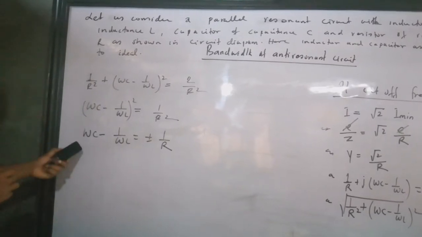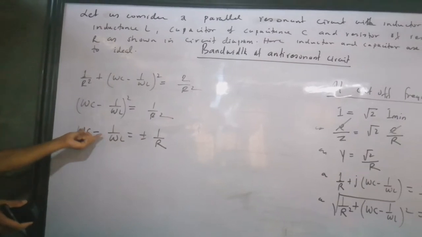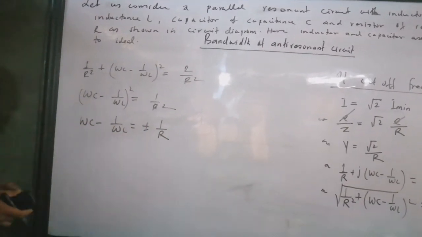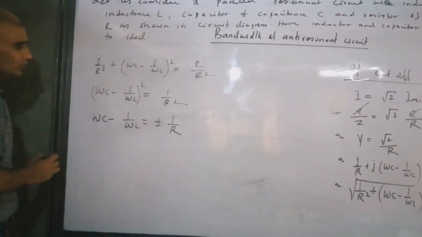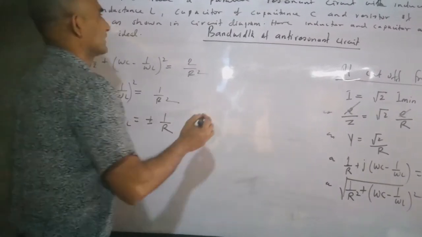Up to here, what we get is that for cutoff frequency, the difference of omega C minus 1 by omega L equals 1 by R, and here there is a plus and minus. So we have to choose this plus or minus by considering these things.